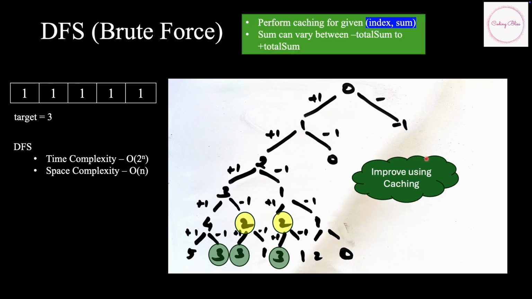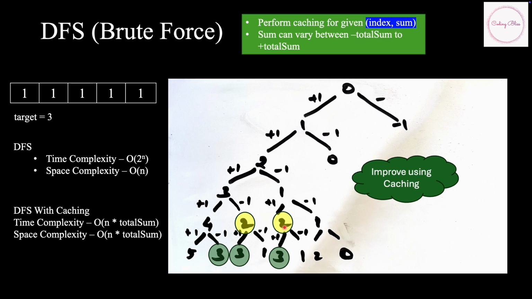Using this caching mechanism, if you cache for a given index and sum, that is, at that sum for that given index, then you will improve your time complexity. Because you have to find n into total sums.